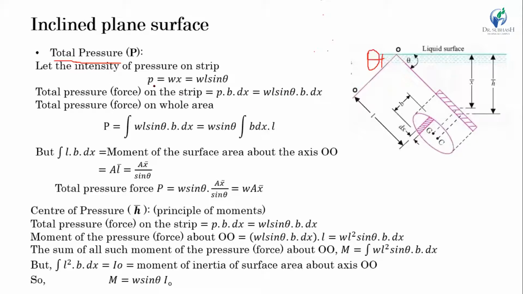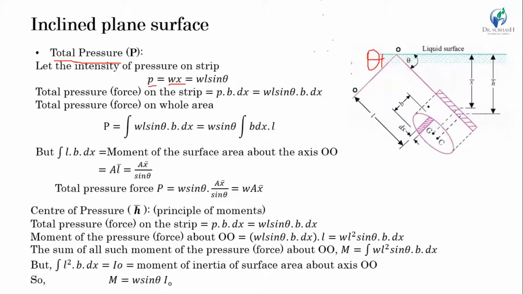Here, according to the definition, intensity of pressure is rho g into x, or rho g into h. Here h is the distance x from the free surface of liquid. But here we have to consider the distance from the surface OO, so it is nothing but L sine theta.